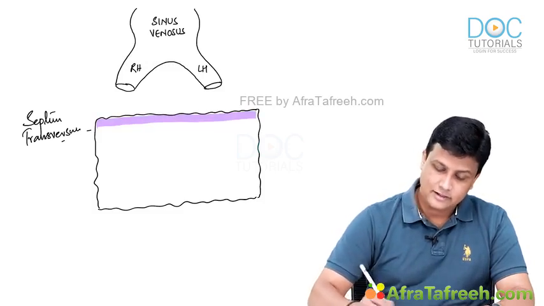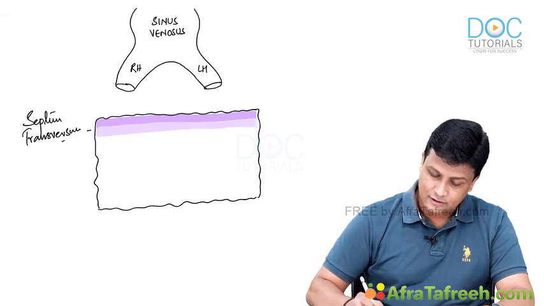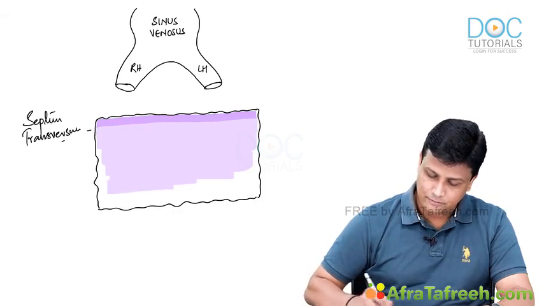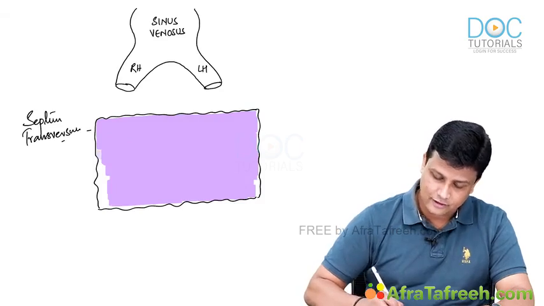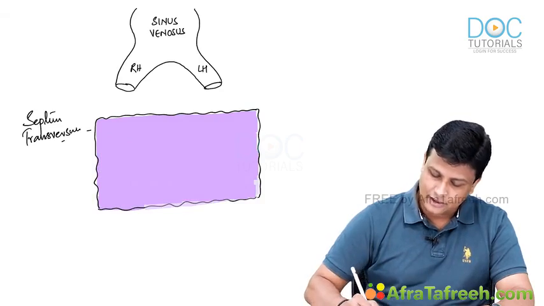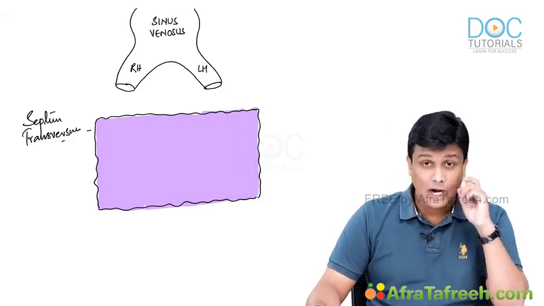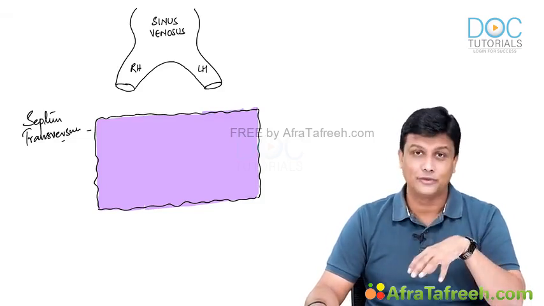Septum transversum is the one which is actually going to form four structures: the central tendon of the diaphragm, as well as the stroma of the liver, as well as the ventral mesogastrium, and not only that, it is also going to form the fibrous pericardium. So there are four derivatives of septum transversum, but out of those four derivatives, the one in which I am interested right now is the stroma of the liver.